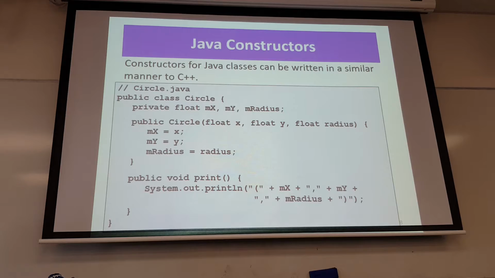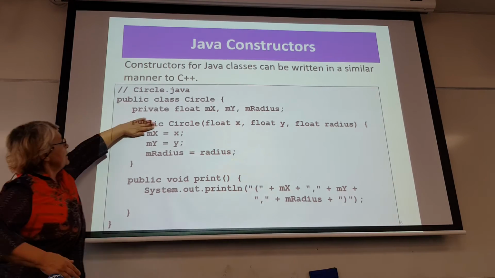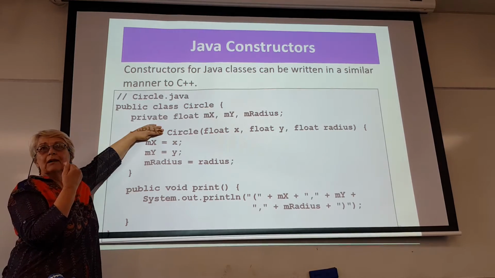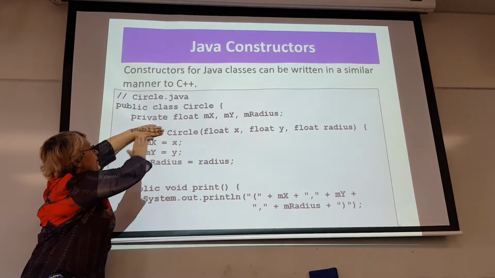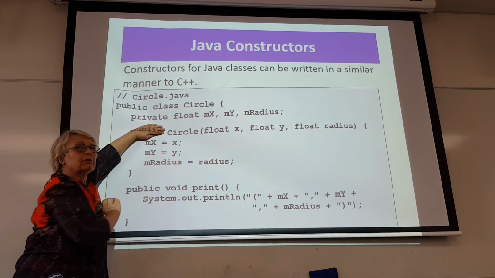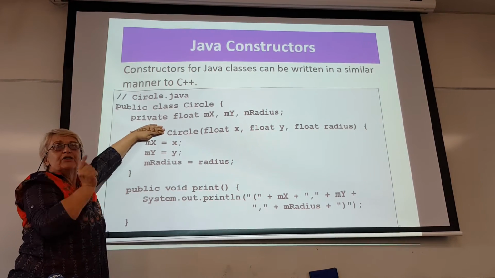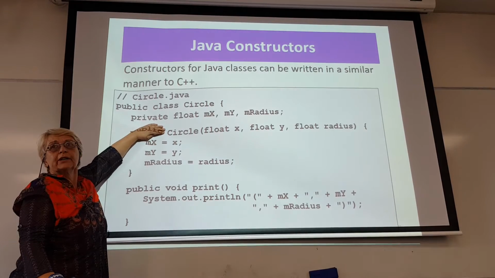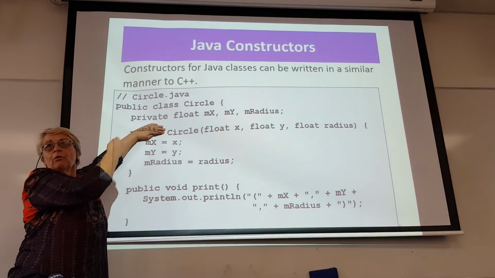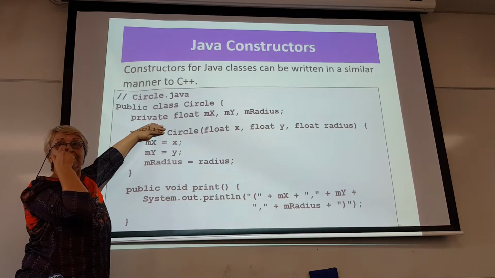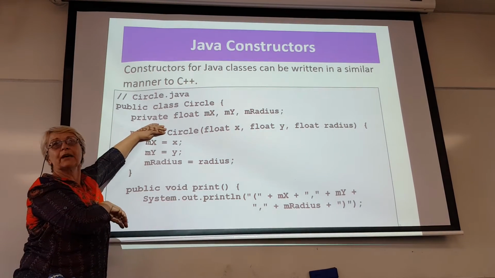This is a default. If you have this in your C++ circle class, nothing here, this is a valid constructor, but it's private. And being private means no outside world can construct circle objects. And you will see when we talk about patterns, this is used in some cases.